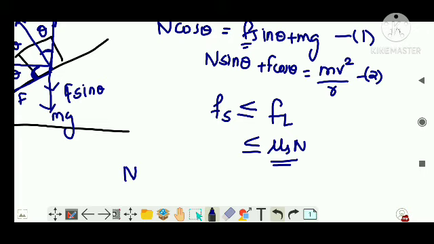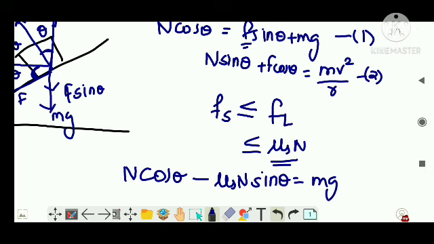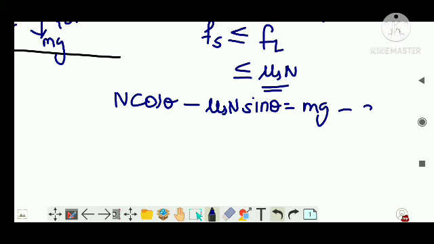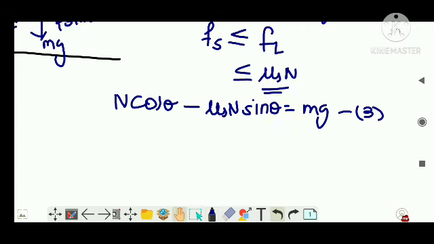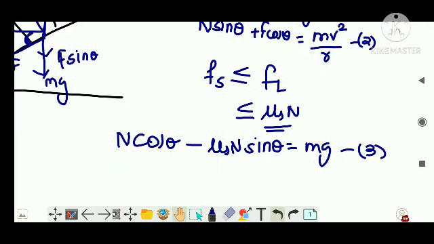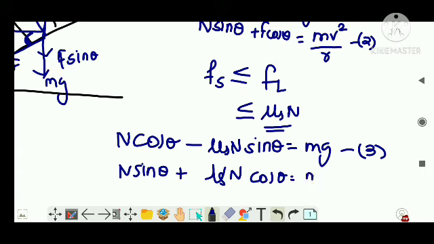So the first equation I am rewriting as n cos theta minus mu s n sin theta is equal to mg. Similarly, this becomes your third equation. The second equation I'm going to write as n sin theta plus mu s n cos theta is equal to mv squared by r.